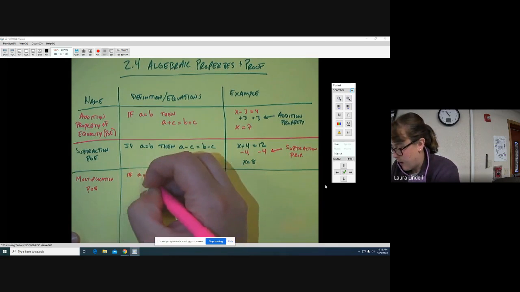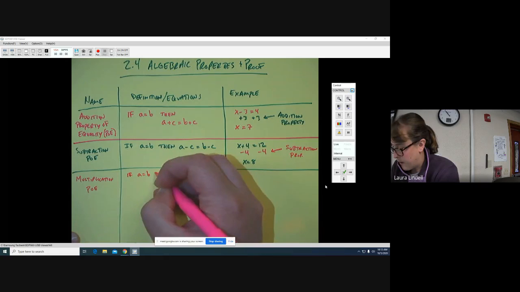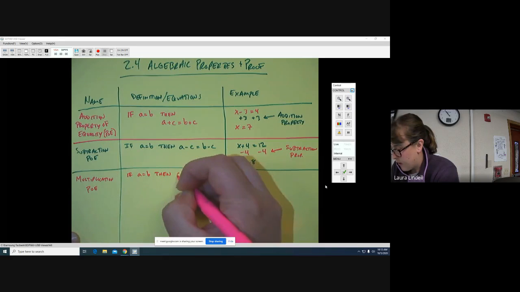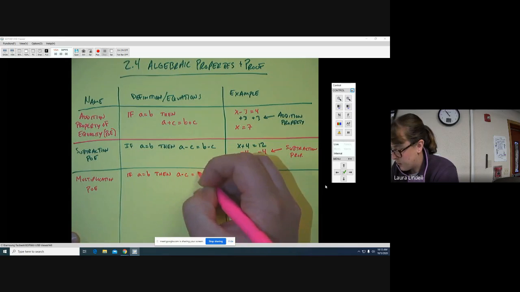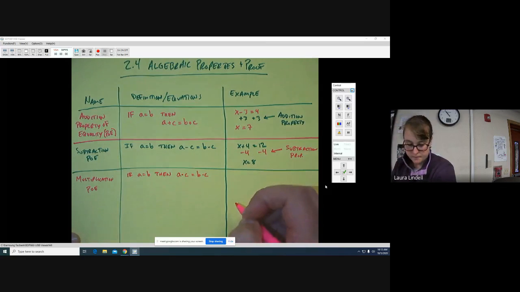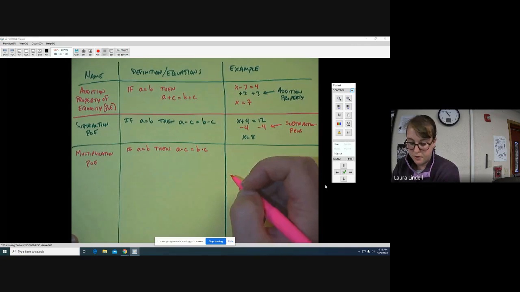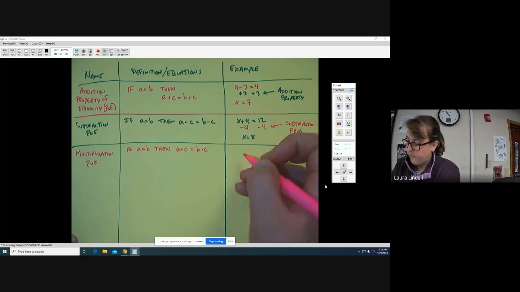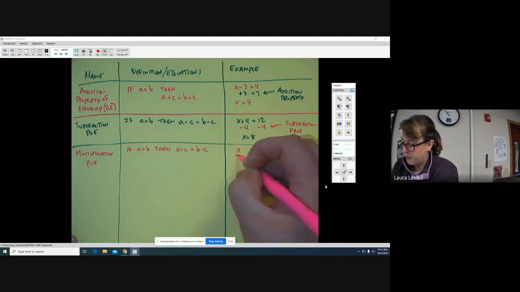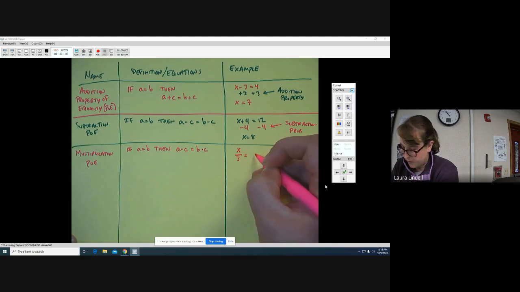If A equals B, then A times C equals B times C. So our example there, we're going to have x over 3 equals 4.